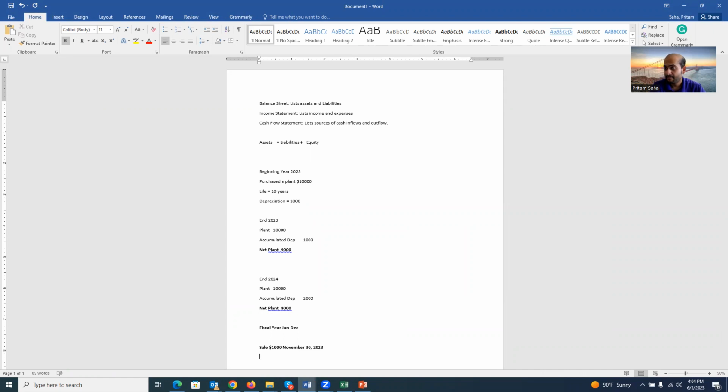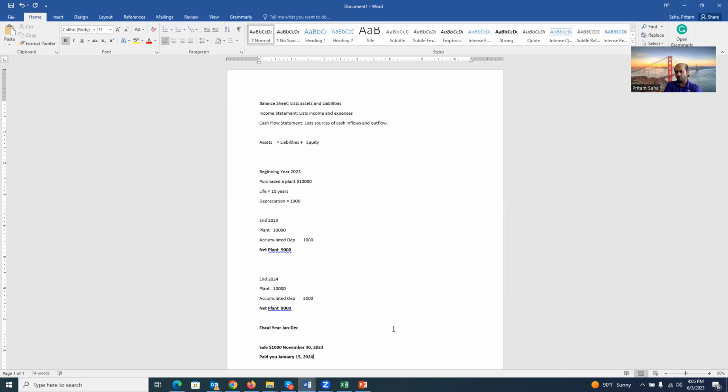But the buyer, purchaser, paid you January 15, 2024. So income statement say that you made the sale in November 30, 2023. So that means you earned it. You earned that income on November 30, 2023.